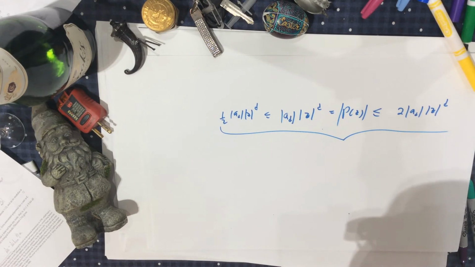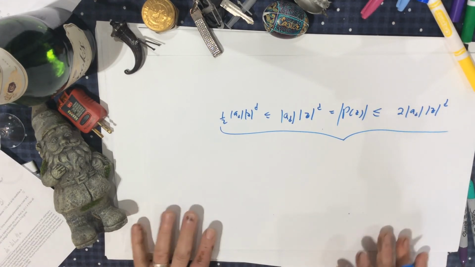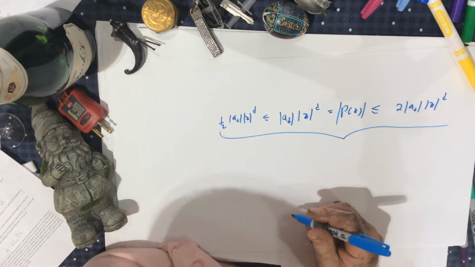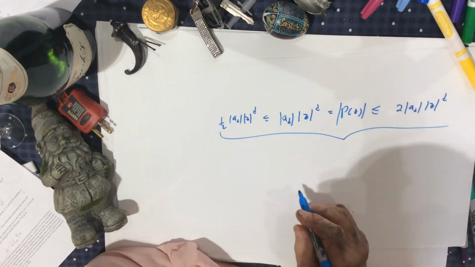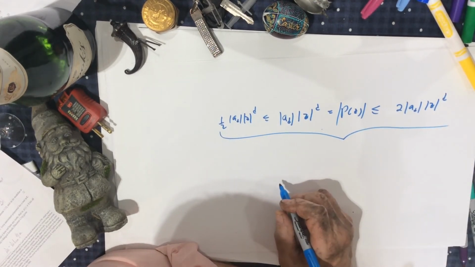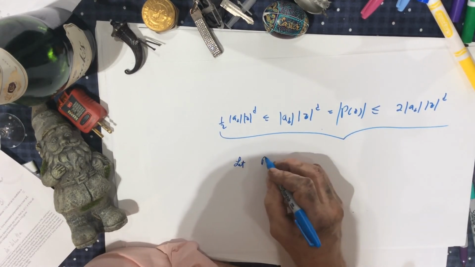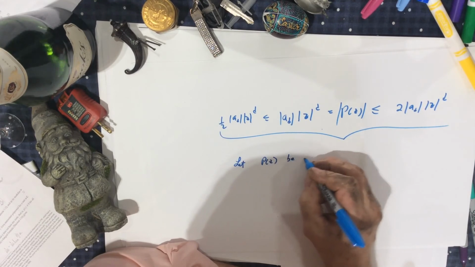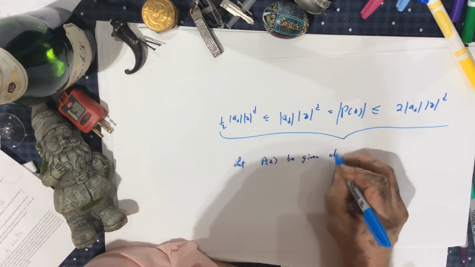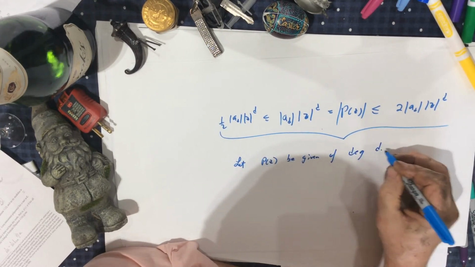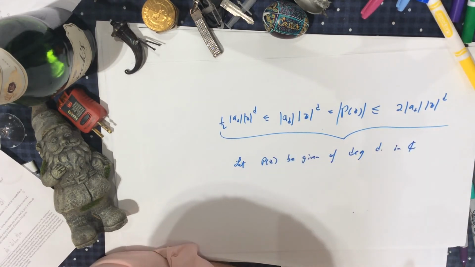Now, how can we use this? Well, we're going to do the following. We're going to do an integral. So, let p of z be given of degree d in the complex plane.